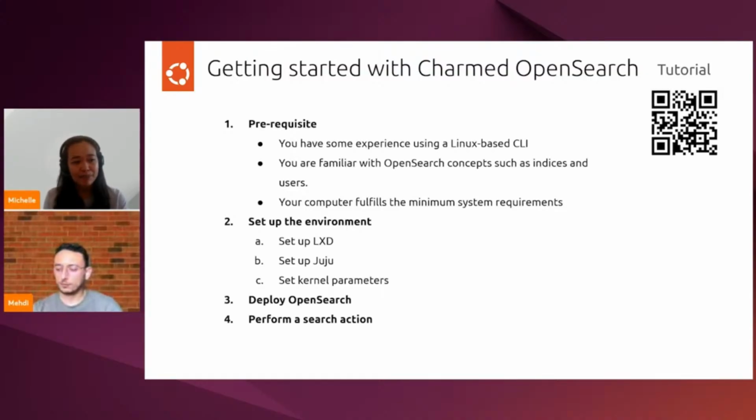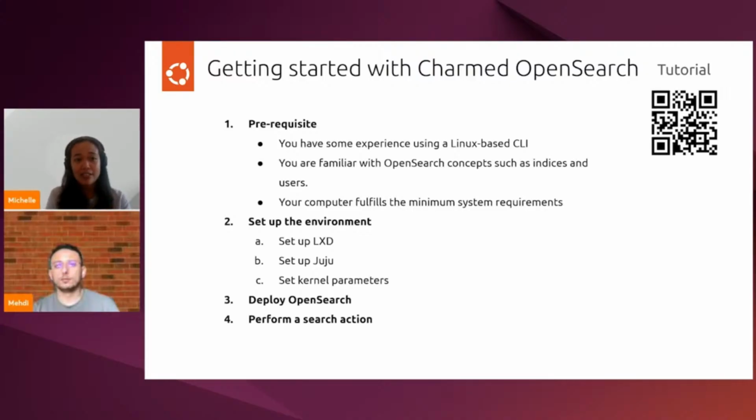Mehdi will run us through a demo, making sure that you can deploy OpenSearch and perform a search action. But before that, there are a couple of other prerequisites: you have to set up your machine, and you have to set up Juju, which is technically the control plane and the orchestrator that you will need, plus a couple of kernel parameters.